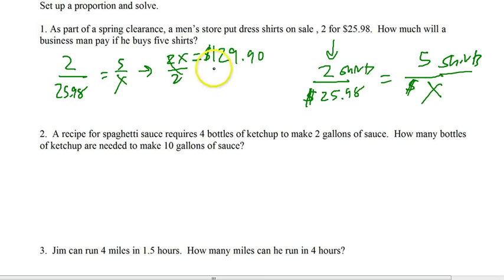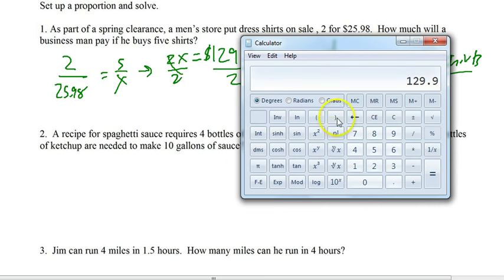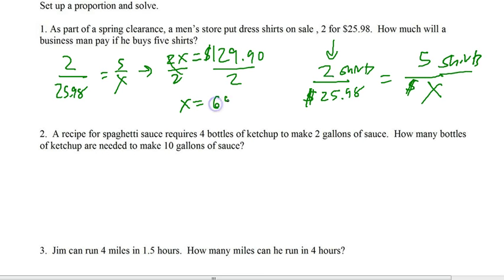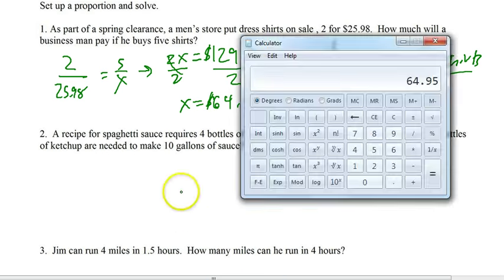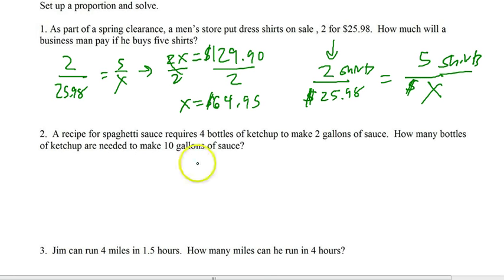Divide by 2. 64.95. And that's it. So for 5 shirts, he will pay $64.95. So anytime you're given a ratio, you can create a proportion to find the missing value.